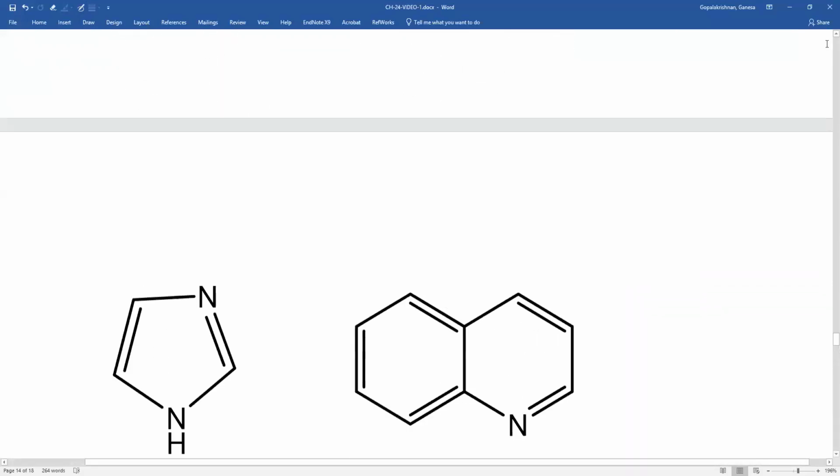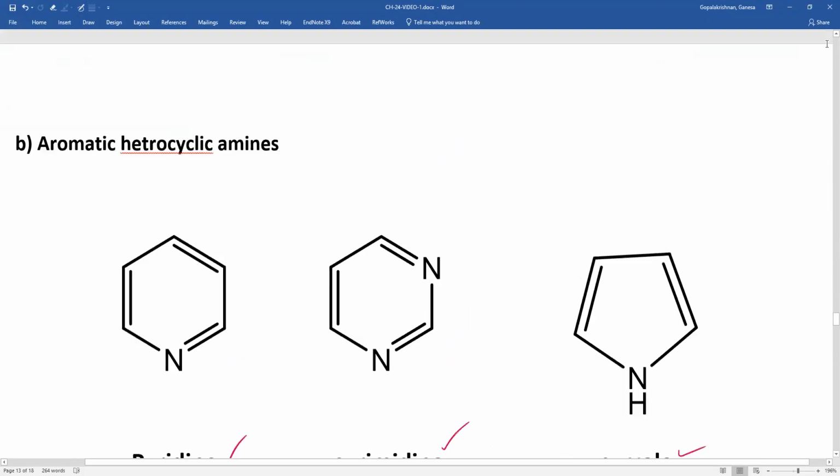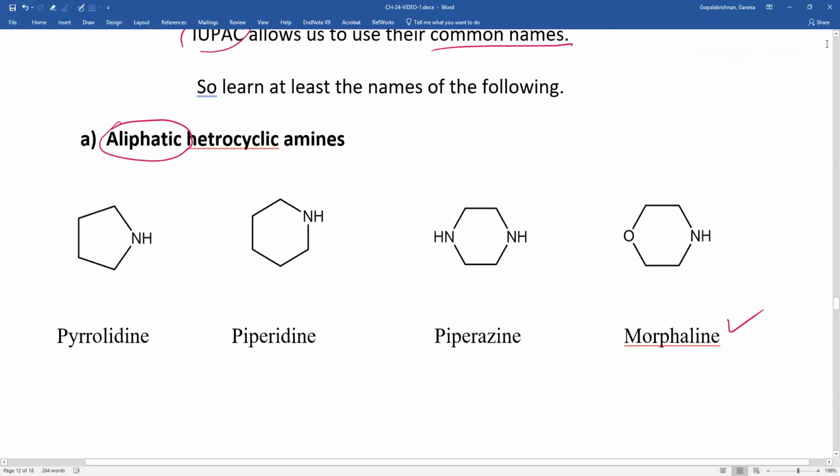But it is hard for you actually to remember the structures and memorize the names. If it is absolutely necessary in future, you just look at the book, look at the name, because to memorize the structures and the names is hard.